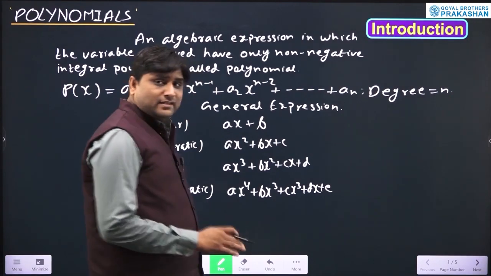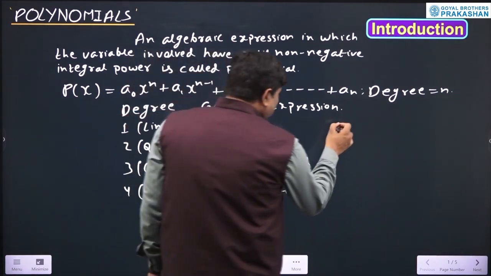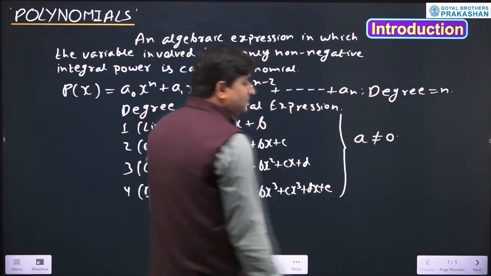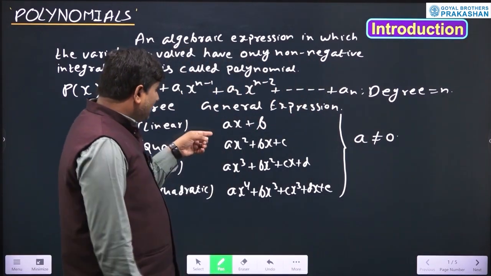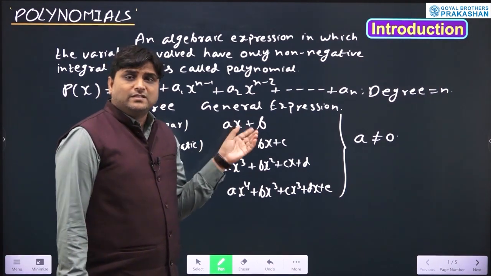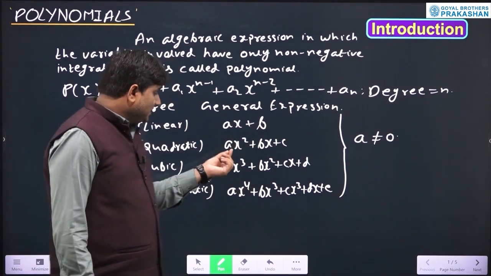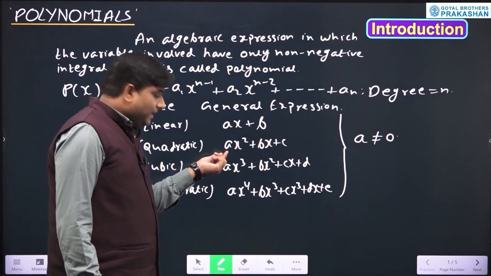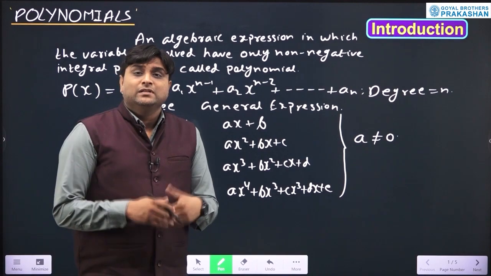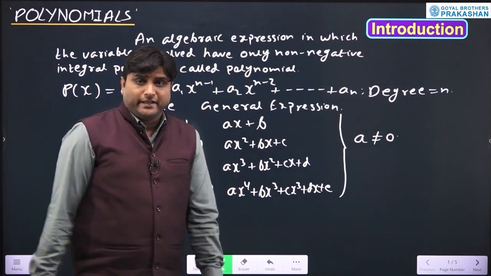And in all the cases, my dear students, a should not be equal to 0, because if in case of a linear expression a is equal to 0, then it will be just b. If in case of quadratic, a is equal to 0, then it will be bx plus c and it will become linear, it will not remain quadratic.